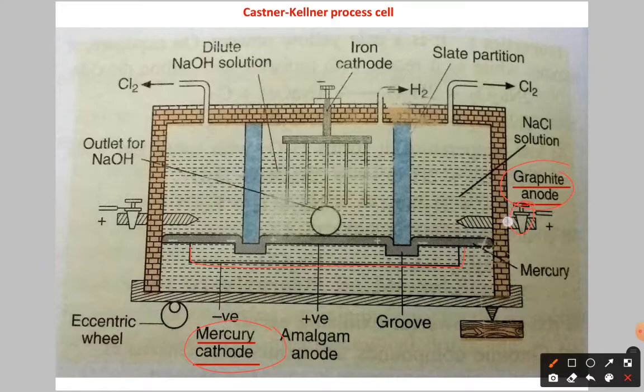Here we keep the sodium chloride solution, and this is the outlet for sodium hydroxide. Finally you get sodium hydroxide from this side. This is the Castner-Kellner process.